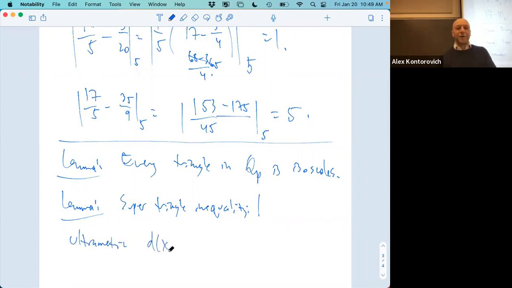Ultrametric: the distance from X to Y should be no more than the distance from X to Z plus the distance from Z to Y. That's the triangle inequality in another form.